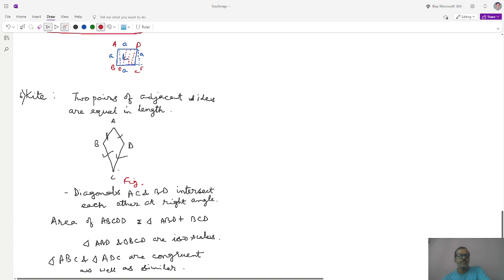So ABCD is a kite. There are two diagonals, BD and AC. These two diagonals intersect each other at right angle.